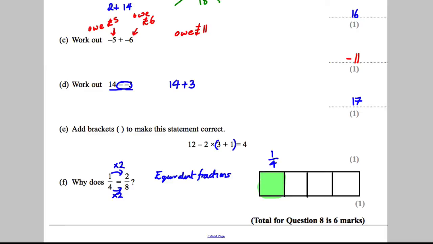Now, if I happen to divide this in half like this, you can see that a quarter is the same as 2 of these out of 8. So it's also the same as 2 out of 8. Hence, a quarter is equal to 2/8, and that's a visual representation of that point.